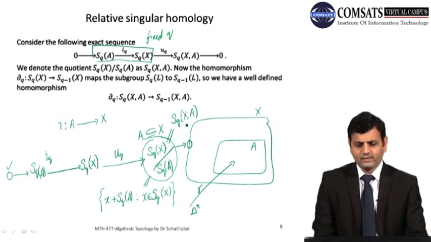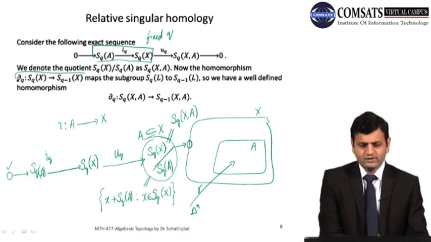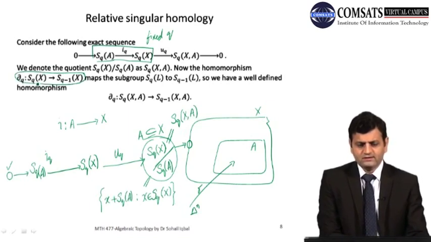We denote this quotient module as S_q(X,A). Now the homomorphisms from S_q(X) to S_{q-1}(X) map the group S_q(A) to S_{q-1}(A). Once again, since A is contained in X, these boundary maps partial q take singular q simplices inside X and give me boundaries of those singular q simplices.